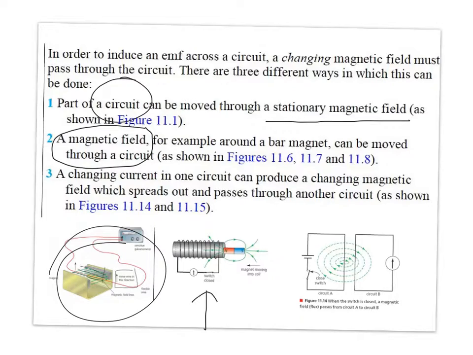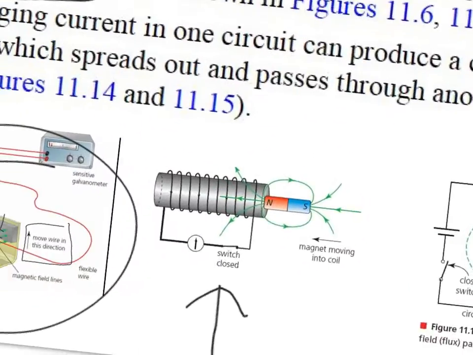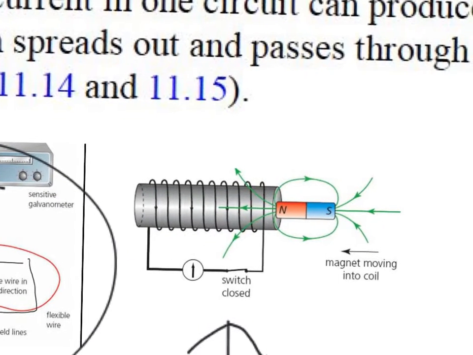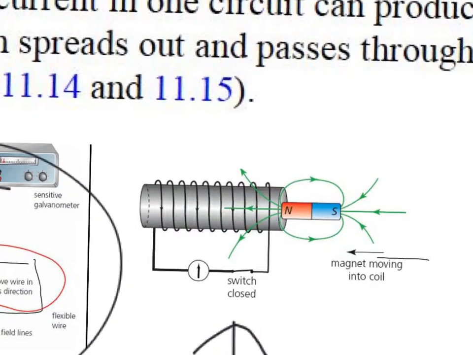So in this case, we have a solenoid, a coil, which is standing still, and you move the magnet into it. Because the magnet is moving, the position of these field lines changes, and the wire ends up cutting the lines.